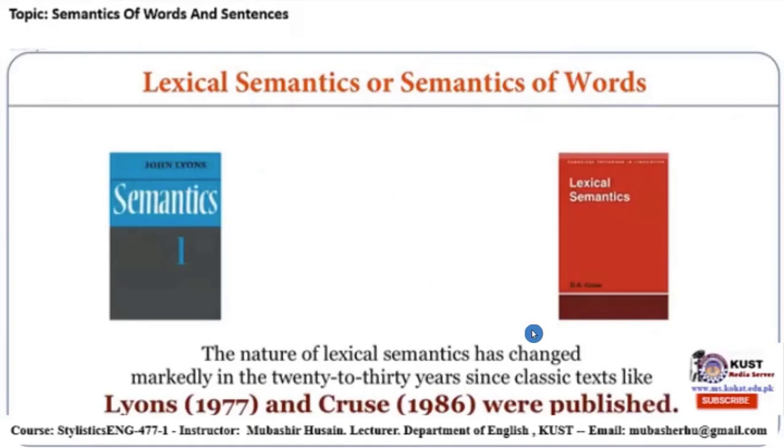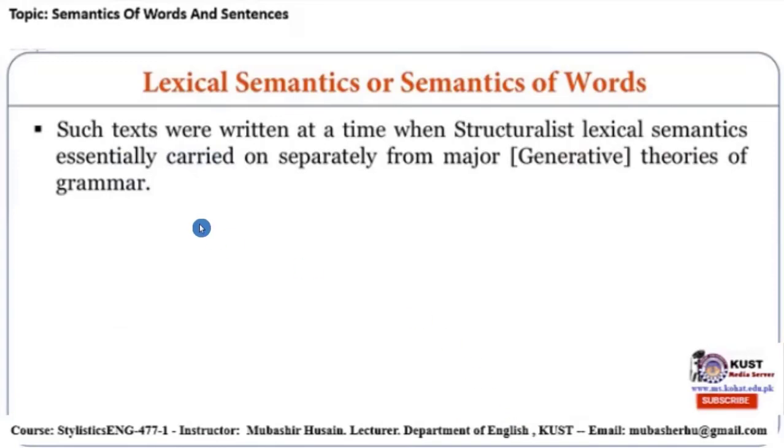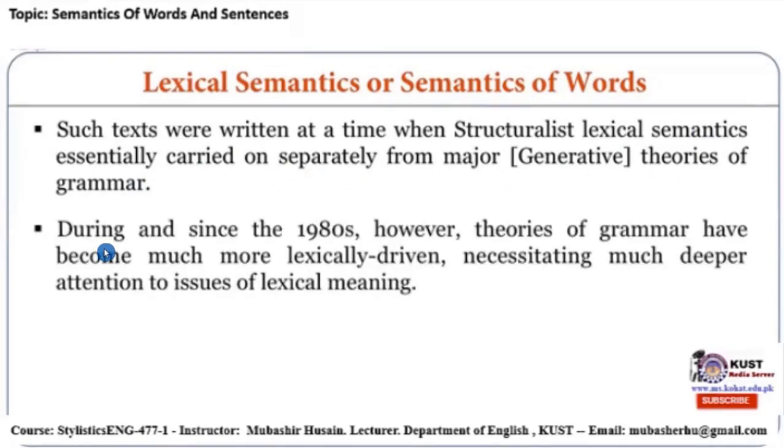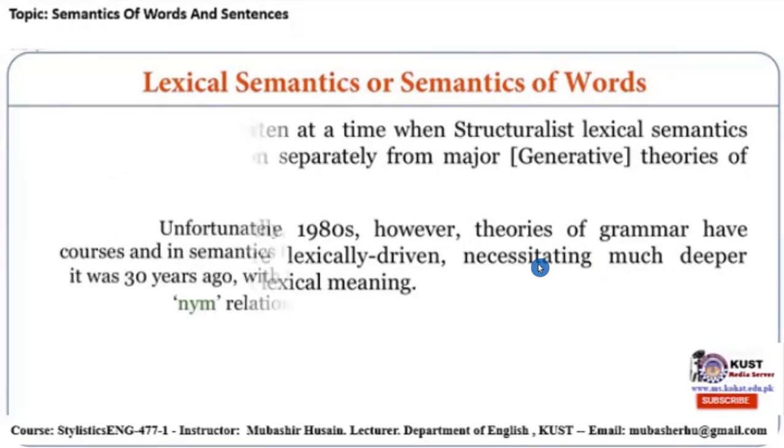The nature of lexical semantics has changed markedly in the 20 to 30 years since classic texts like Lyons and Cruse were published. Such texts were written at a time when structural lexical semantics essentially carried on separately from major generative theories of grammar. During and since the 1980s, however, theories of grammar have become much more lexically driven, paying much deeper attention to the issue of lexical meaning.